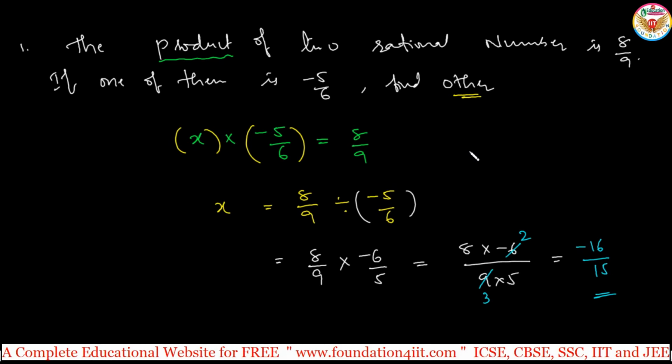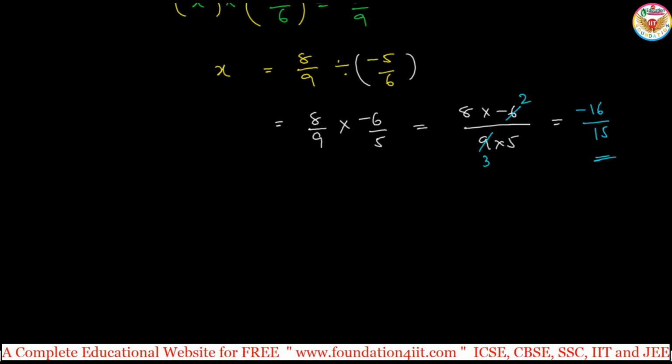Now one more example. By what number must minus 5 by 8 be multiplied so that the product is 3 by 4? Let the number be x. So x is equal to 3 by 4 divided by minus 5 by 8.